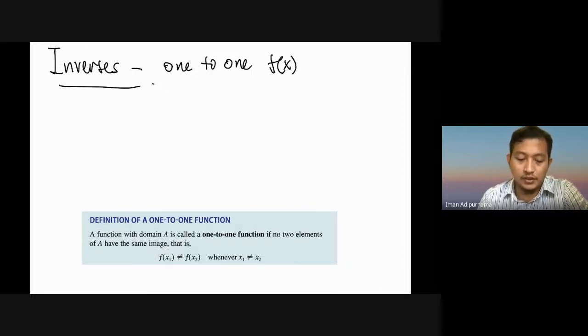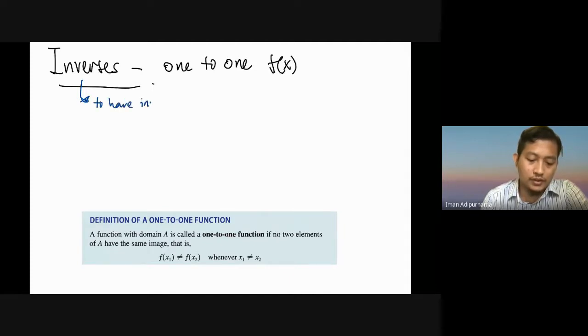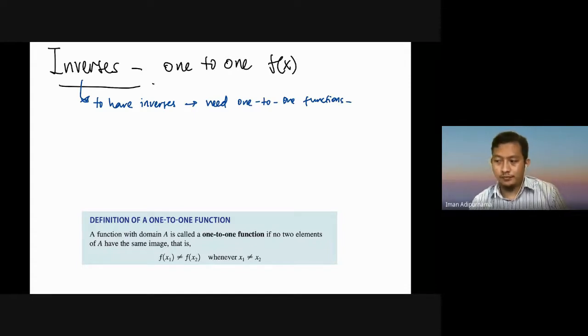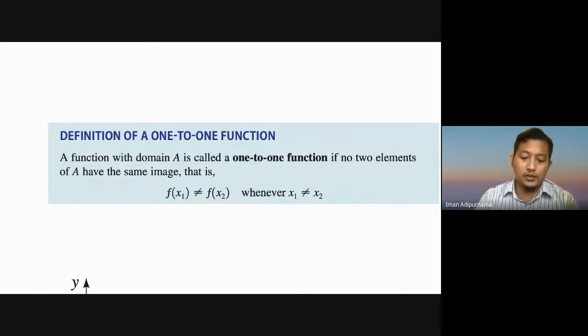So to have an inverse, the requirement is that the function needs to be one-to-one. And how do we know whether it's one-to-one or not? We need to define what one-to-one functions are.